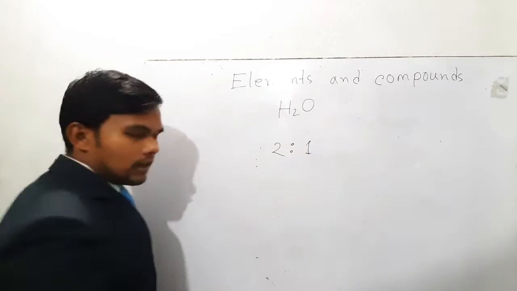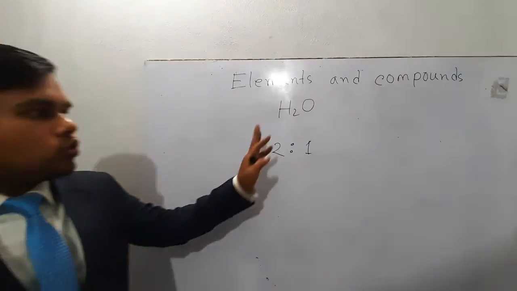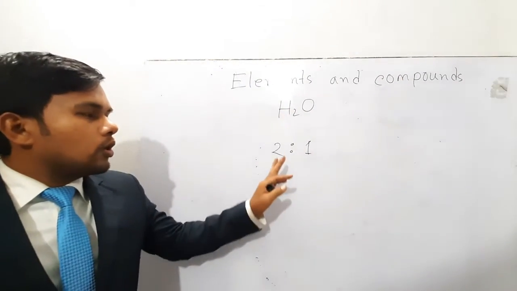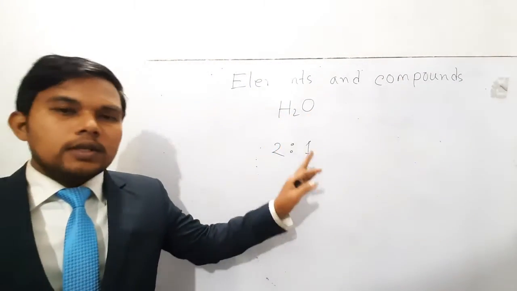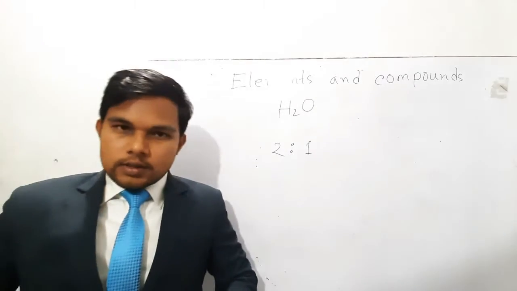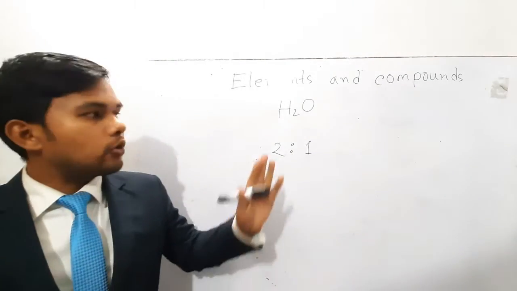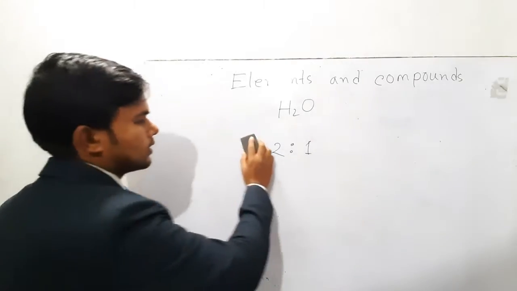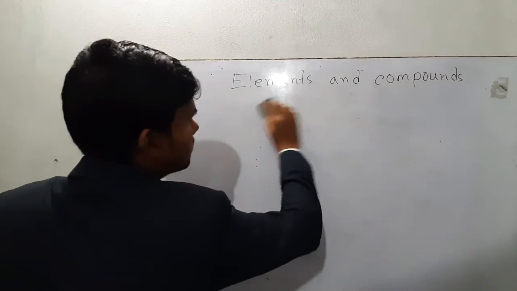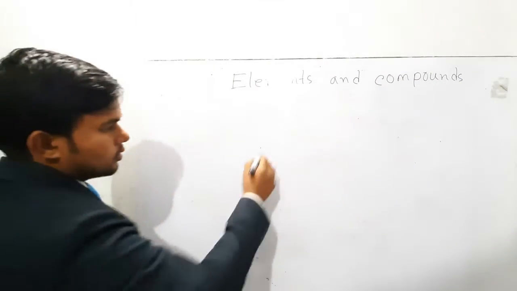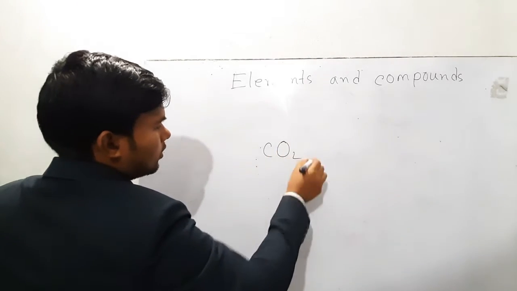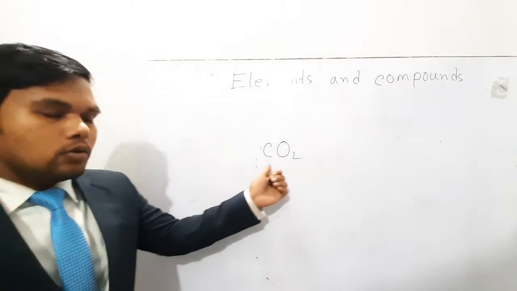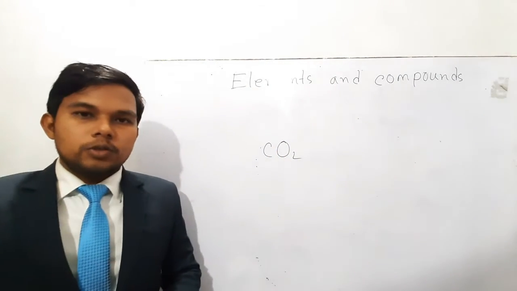That means when we analyze water, we will find that two hydrogen and one oxygen are present in water. It's unchanged in case of water, and if you take any other substance, you will get the same result. Like carbon dioxide, we know carbon dioxide is CO2. In one carbon dioxide, one carbon and two oxygen atoms are present.